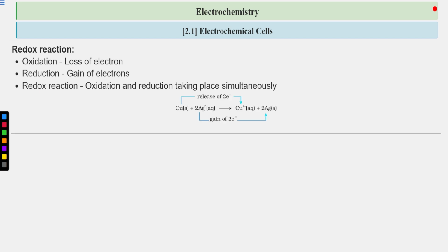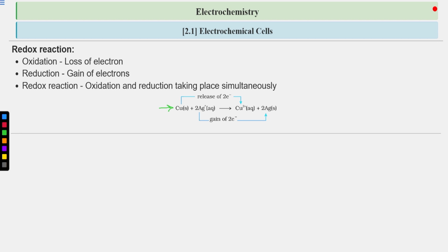Now, look at the reaction given here as an example, of copper and silver ions. When copper reacts with the silver ions, it converts to Cu2+, and the silver ions, after the reaction with copper, convert to solid silver.